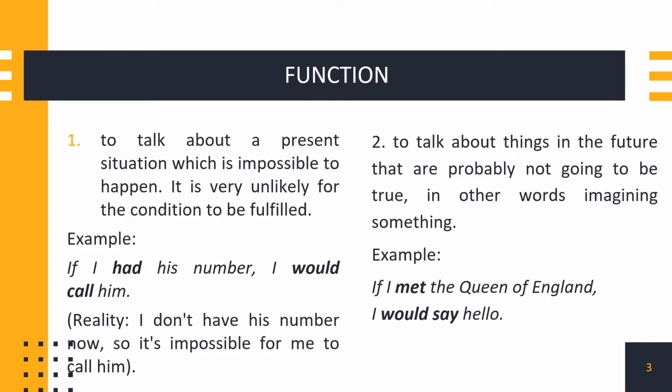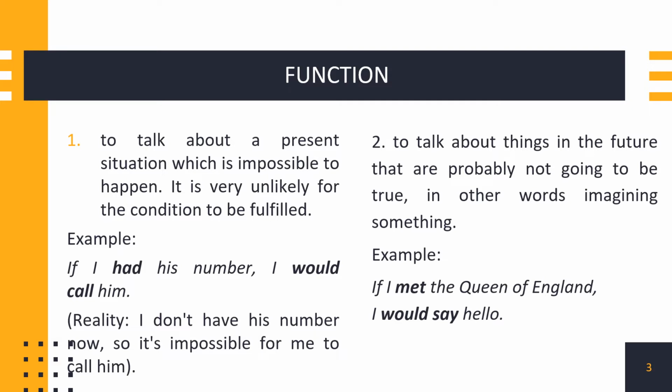But what's the reality? I don't have his number now, so it's impossible for me to call him. So, once again, second conditional sentence is used to talk about a present situation which is impossible to happen.